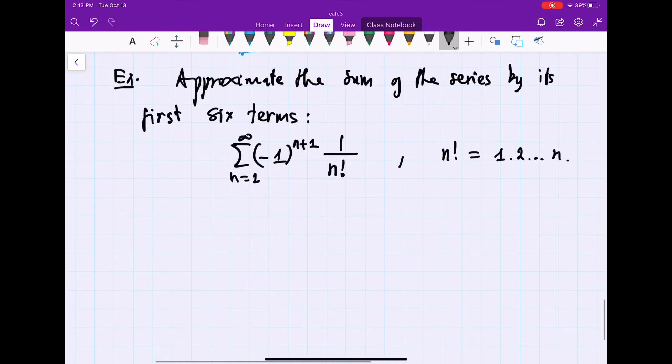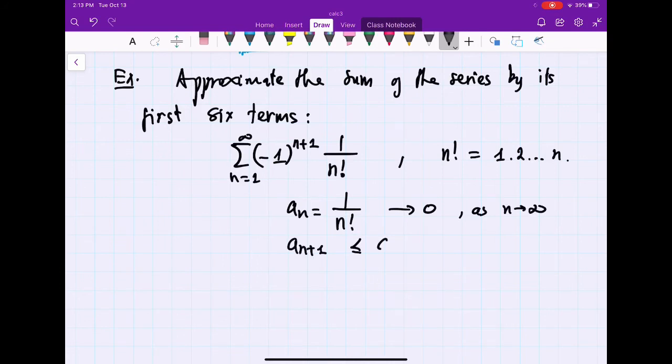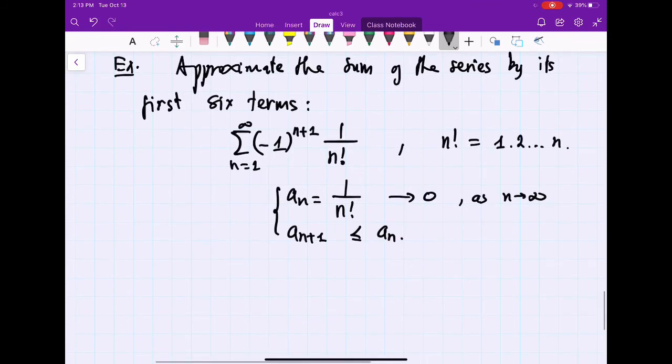And of course, according to the alternating series test, you can see that a_n = 1 over n factorial has limit equal to 0, and a_{n+1} is less than or equal to a_n. So this alternating series converges, and this condition is satisfied. That's what we need.